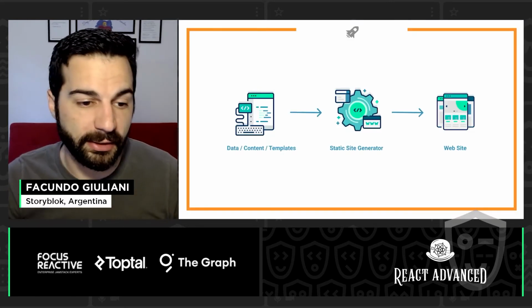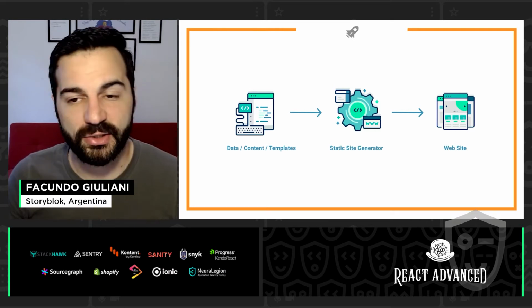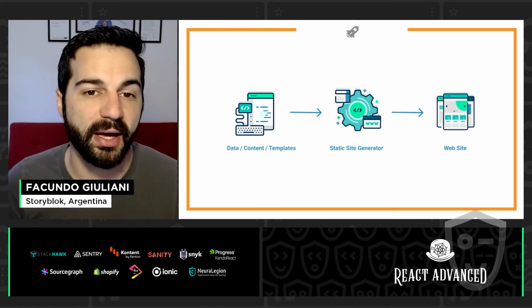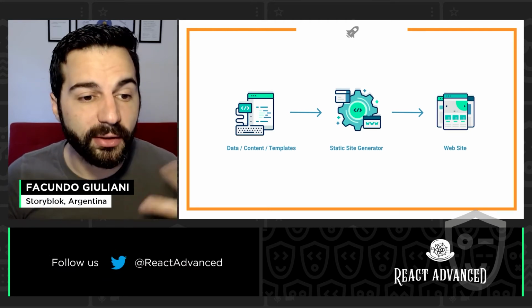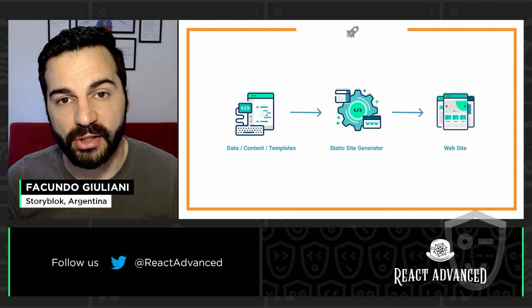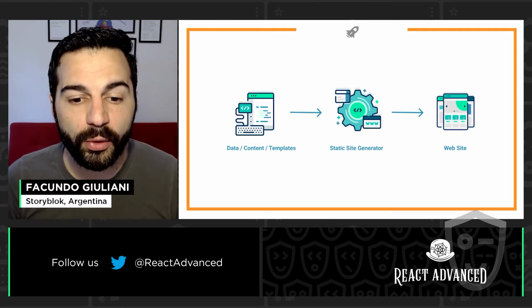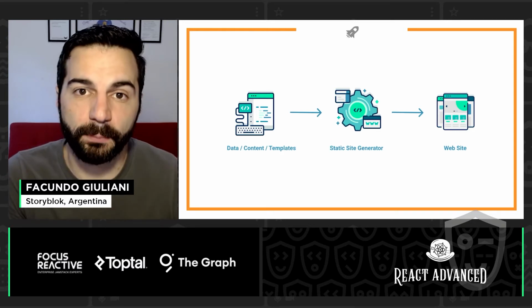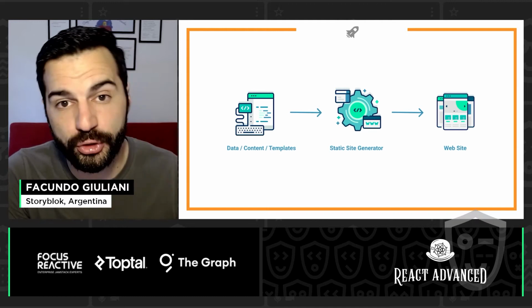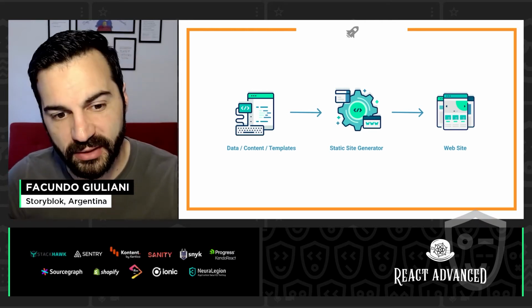So we will have different data sources: content, template engines, databases, APIs, third-party services, and we can generate the logic that will create the HTML content for our website, and we will use a static site generator to run a build process for our project and generate static assets that will be our website.